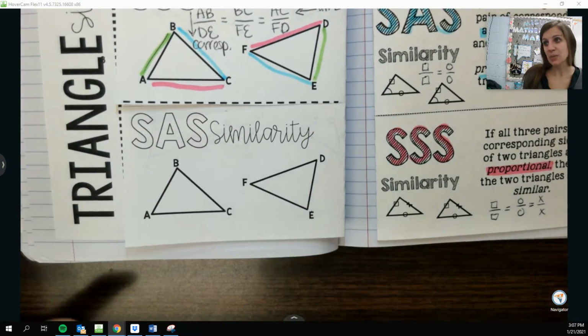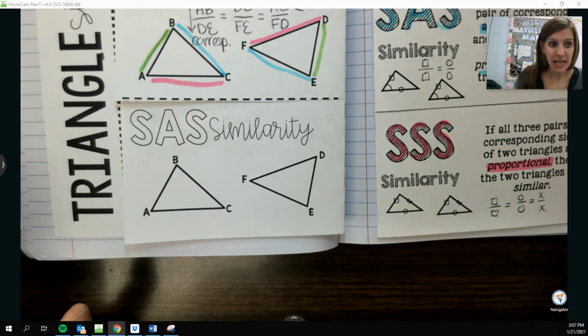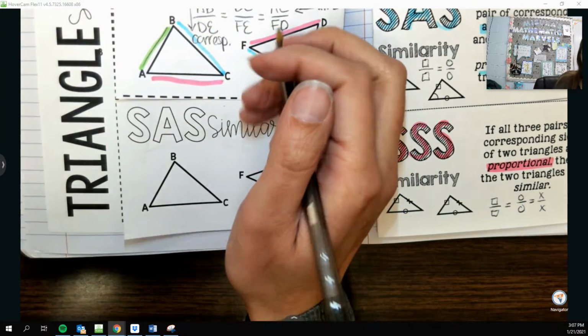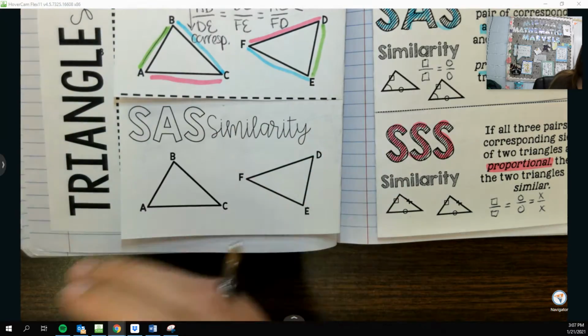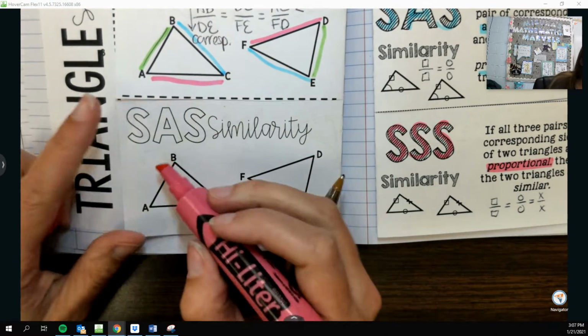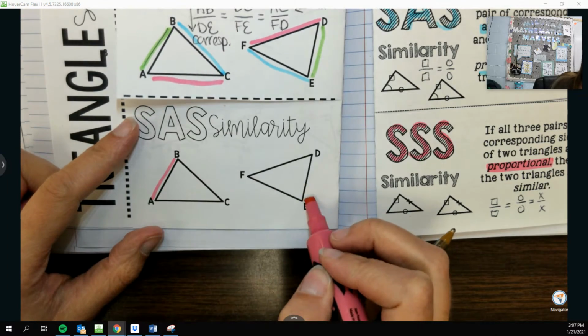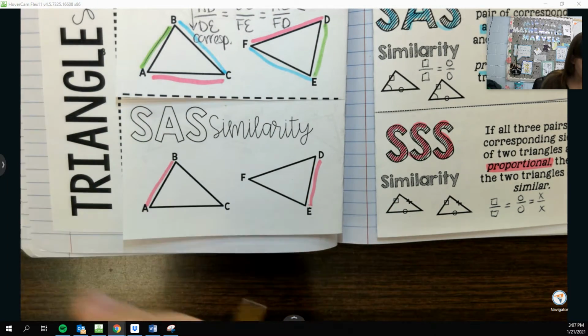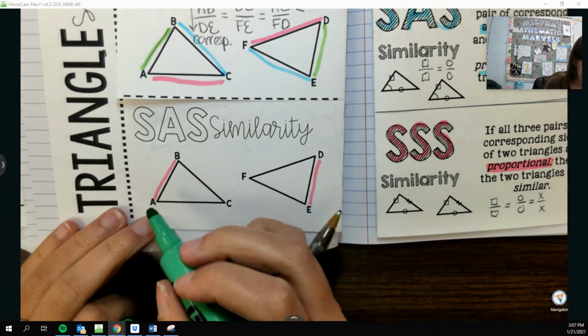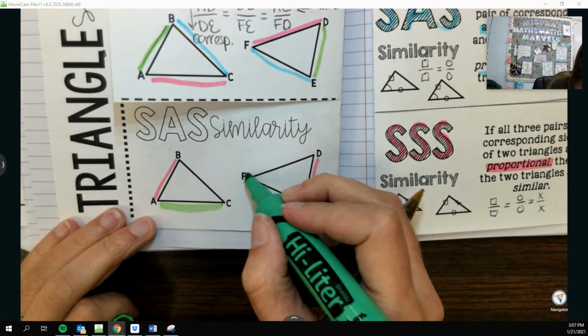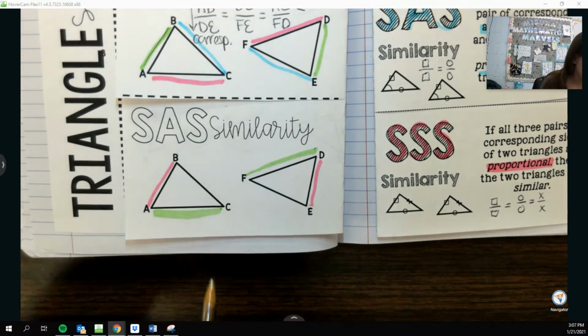And then last but not least, we can do side-angle-side similarity. So that has two proportional sides, and then the angle in between is the same. So maybe I know that AB and DE match up, and AC and FD match up proportionally.